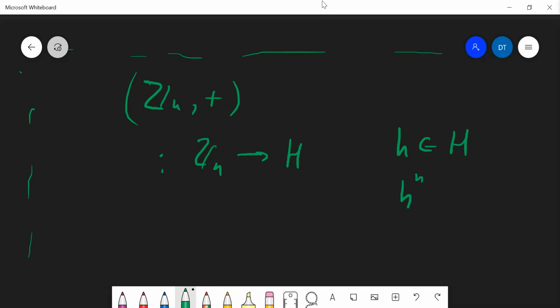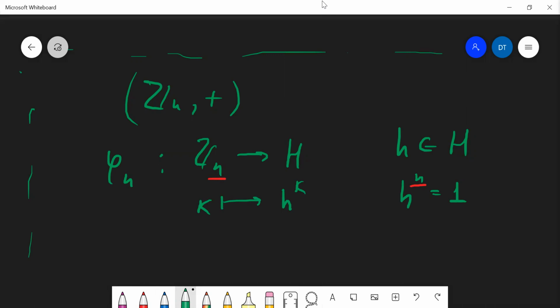I want this to be a root of unity in the sense that h to the power of n is equal to 1, where n is the same number as the order of the cyclic group. When we have such an element, we may define a homomorphism from Zn to H by this rule: a remainder k goes to h to the power of k.